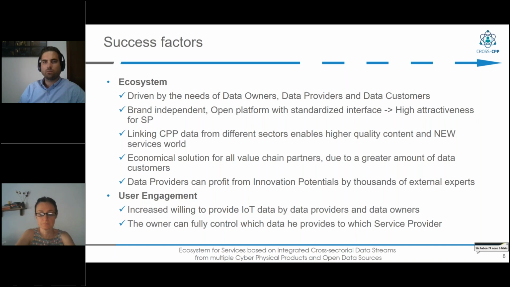And by this it is also very attractive for service providers, because it's a marketplace where you can find a solution from different sectors and brands. By this, you will also have the possibility to link all the data, and a lot more possibilities to build new services out of that.